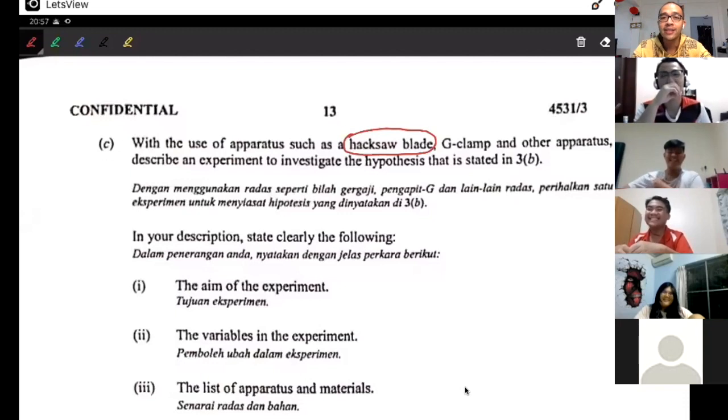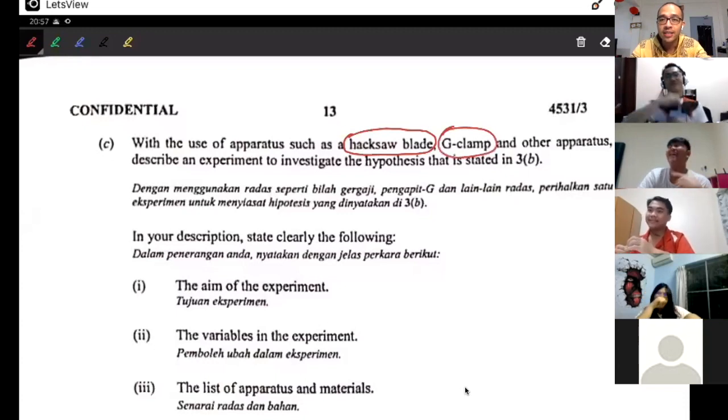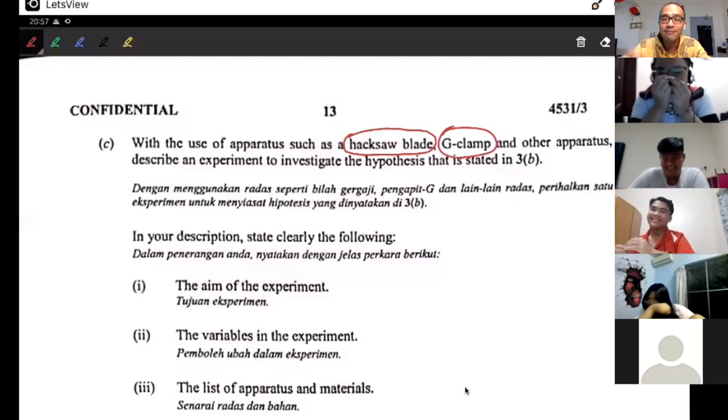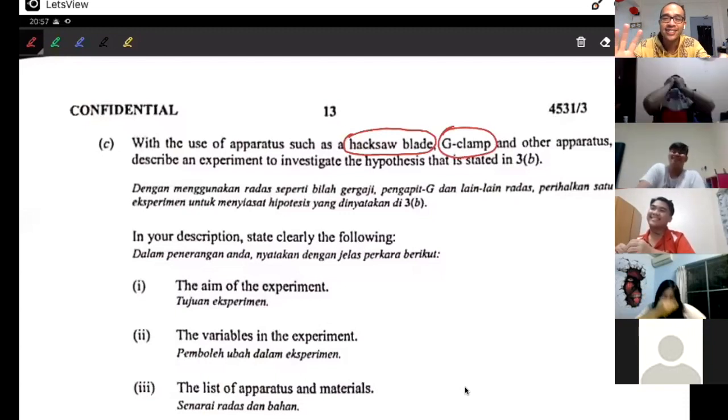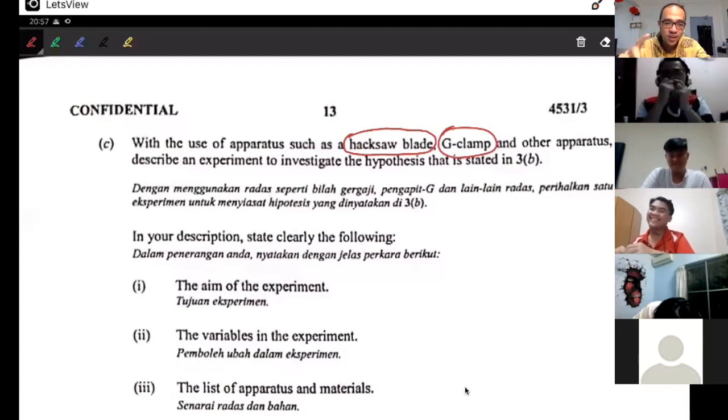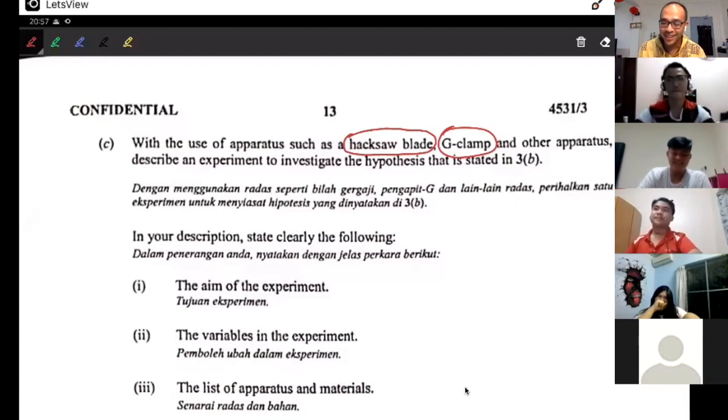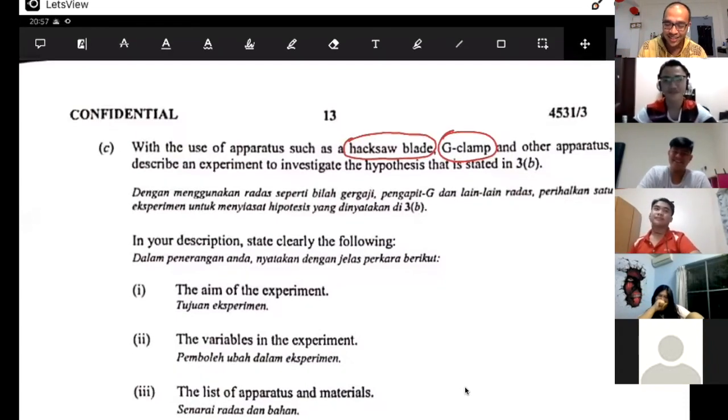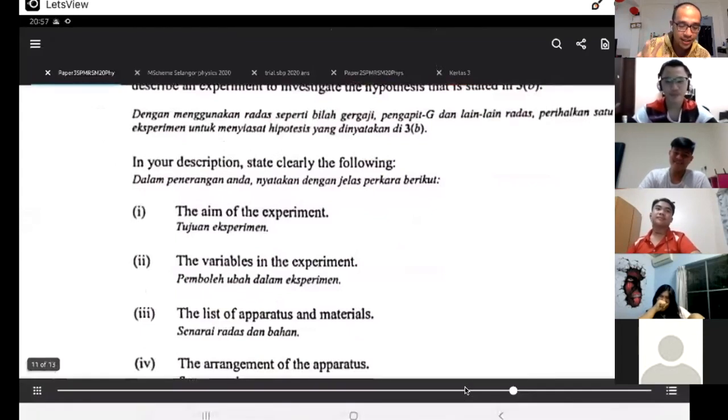People in 4S1 last year will remember the G-clamp, because that is Shane's trademark. People want to oscillate the plasticine, he wants to oscillate the G-clamp. I think I will never forget that experiment in my whole life. You will always be Shane in our memories.